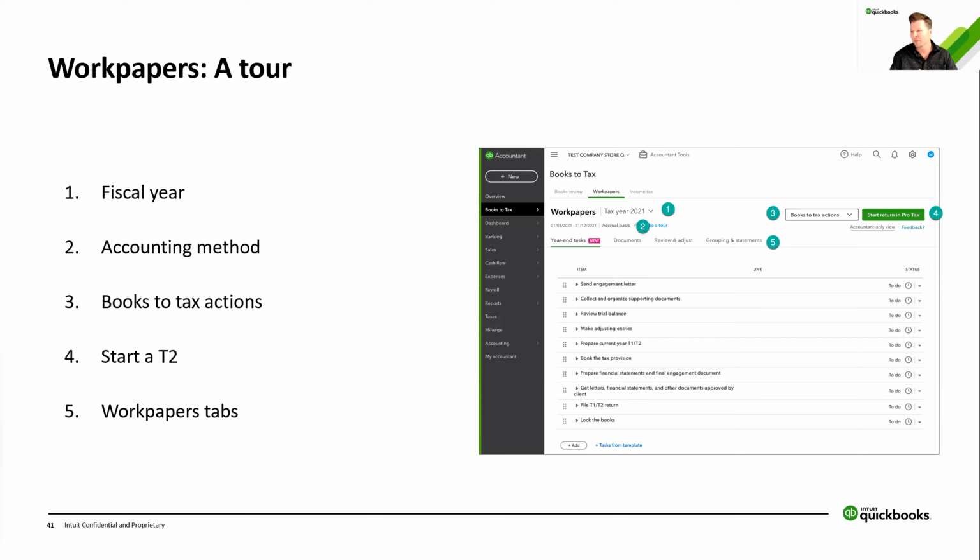Once you are in here, you will see the different items available to you and that deal specifically with the workpaper that you are working on or the client that you're working on. So first of all, we have the fiscal year. So if it is their tax year 2021, as we said, ProTax will handle up to tax years ending in 2022. The accounting method that you're using.